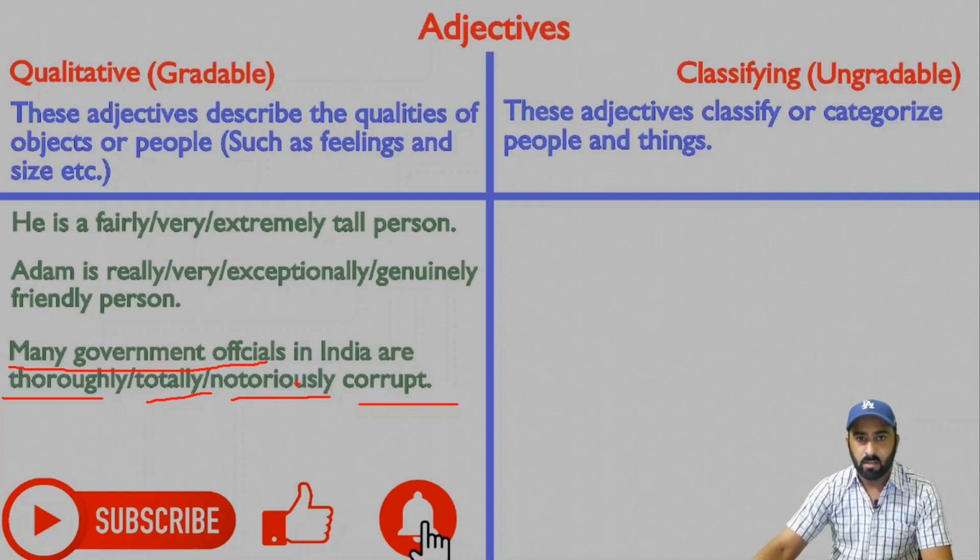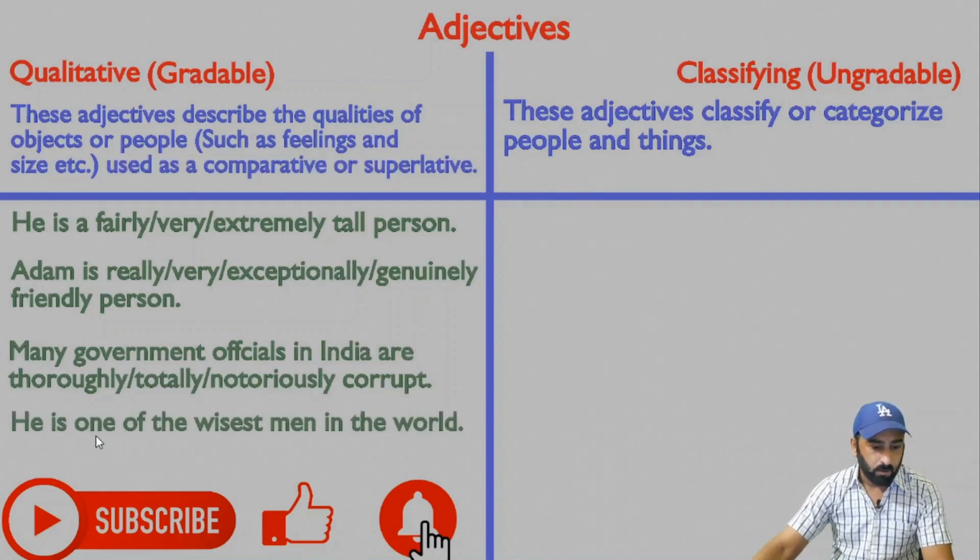Notoriously means somebody or something that is famous for something bad. So we can use these three submodifiers with this qualitative adjective in order to make it a qualitative or gradable adjective. Okay, let's move on to the final or last example on the qualitative adjectives.